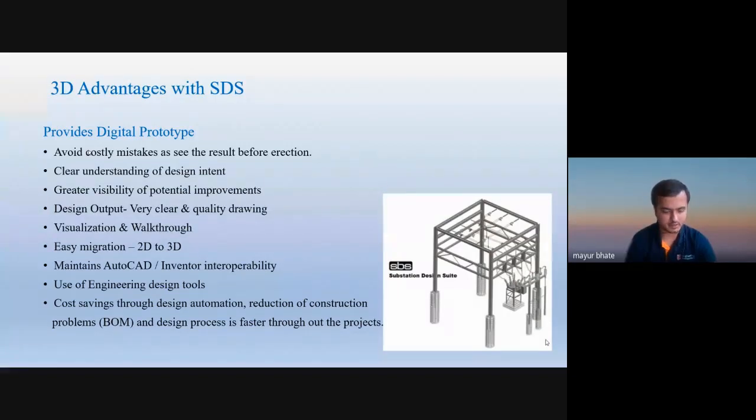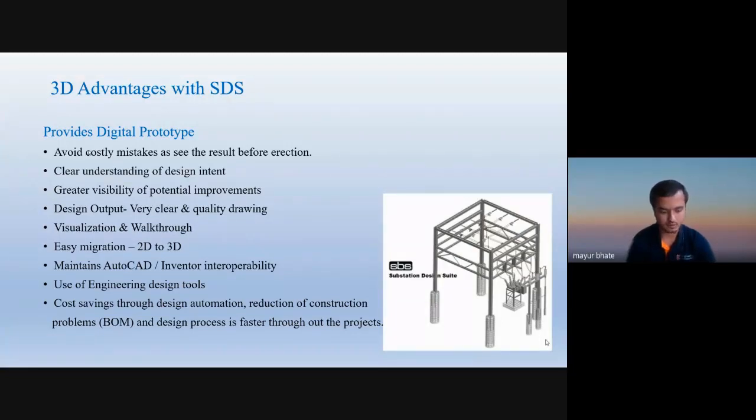Migration from 2D to 3D is very easy and user friendly, as we have 3D models directly available in the digital library that we provide. It maintains interoperability with AutoCAD and Inventor, as it is easy to generate 3D drawings using 2D drawings. Sometimes companies have existing 2D drawings and they just want to use them and make 3D drawings out of them.